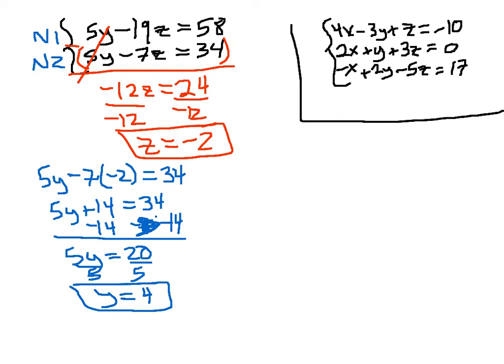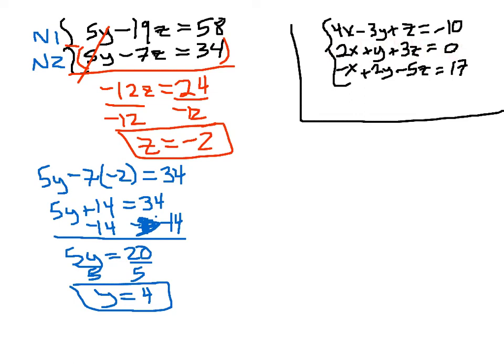The only thing that's missing is my x. So now that I have 2 of these things solved for, I have my z, I have my y, I'm going to choose one of these equations, plug in z and y, and solve for x. So I'm going to plug this into this middle equation. I like that because this side's 0 and everything else over here, these coefficients are positive.